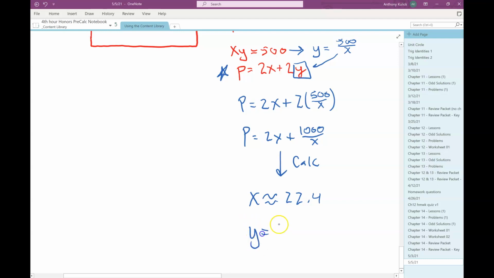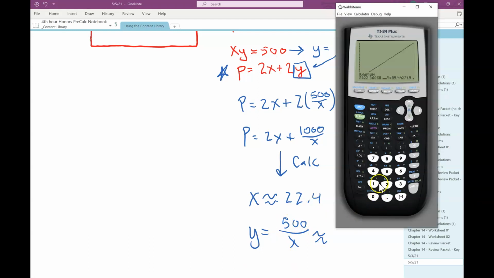And then if I know that y has to be 500 divided by x, y is about 22.3.